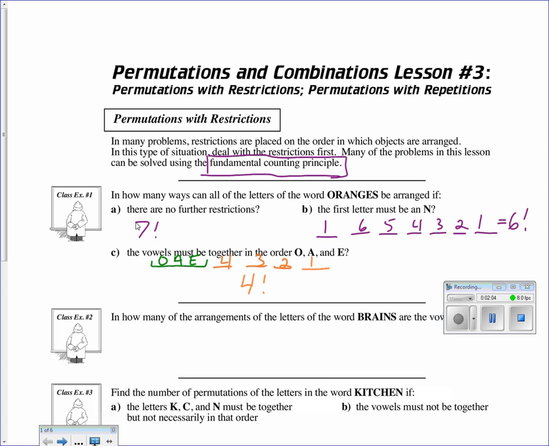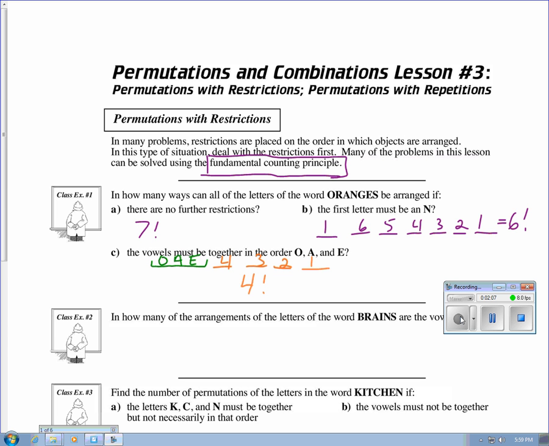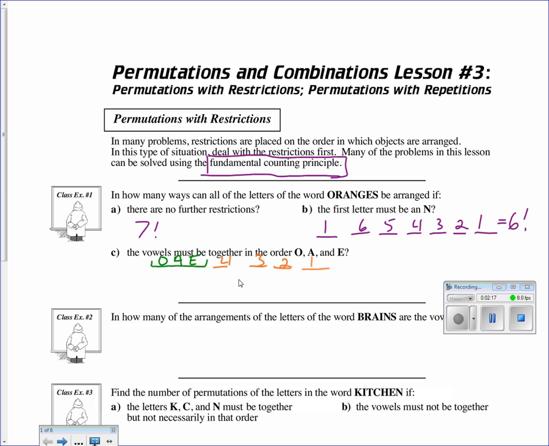But what can I actually do with OAE? And by the way, does OAE have to go first? OAE actually doesn't have to go first, and that's why we want to group them. My OAE is going to have 5 different positions where it can be, but then I've got those 4 other letters that have to fill a spot.